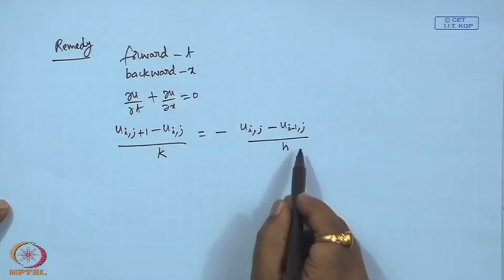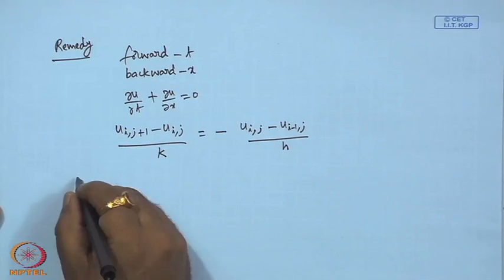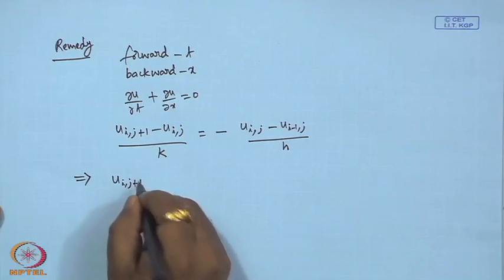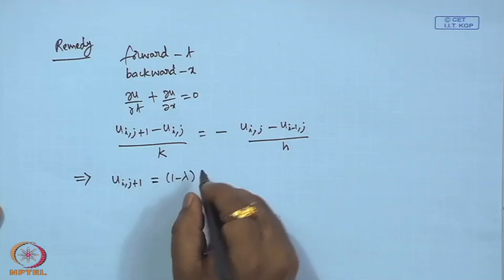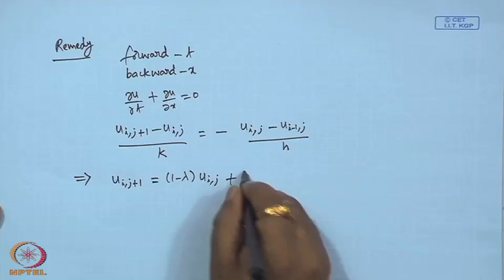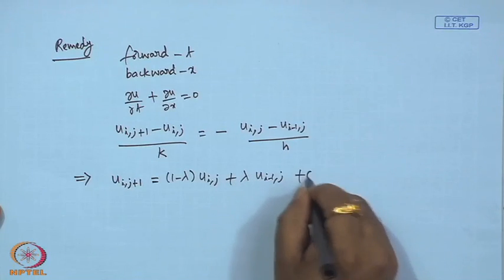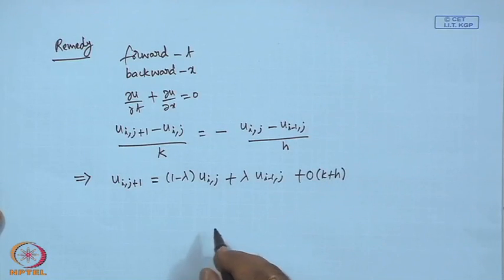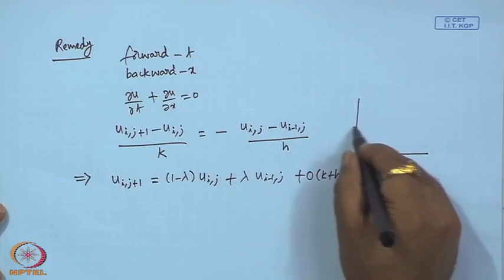So, you can see this is what we have, so backward, right. So, now this implies, so we get this. So, this scheme is using the points as follows.